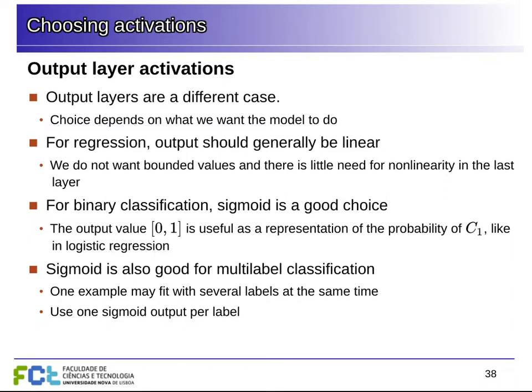So for each one of those, we could use one output neuron with a sigmoid activation that would give us the probability of there being that particular appliance in the house, and it would not be mutually exclusive, because houses can have several different appliances.